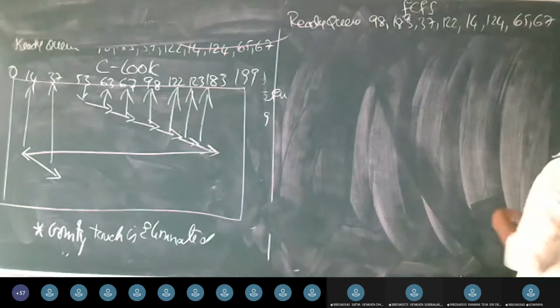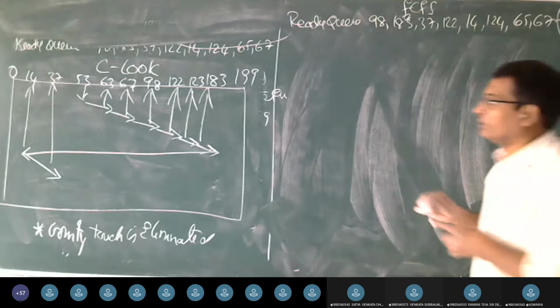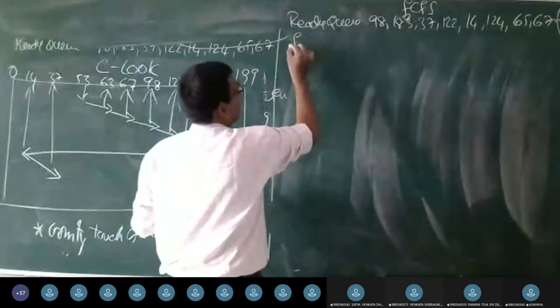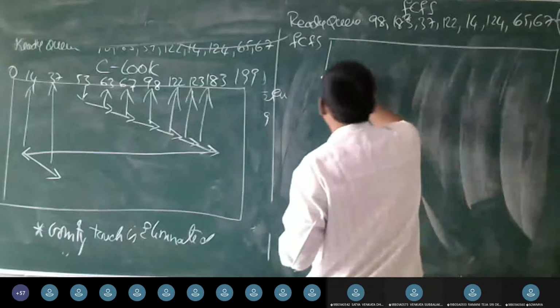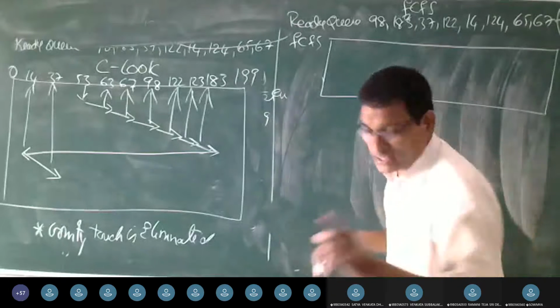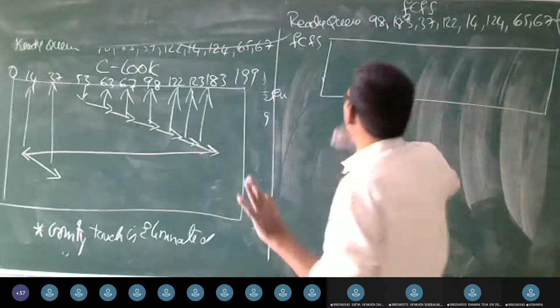Where is the header? The header is at 53. This is constant, right? Now, what is the algorithm we have to take up? FCFS. So how is this FCFS going to be done? The table has to be written in ascending order.